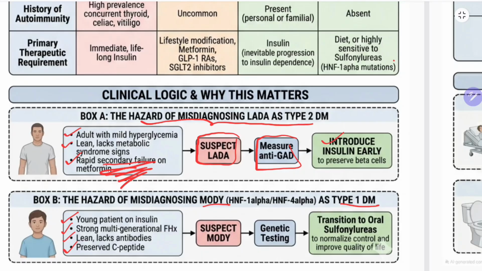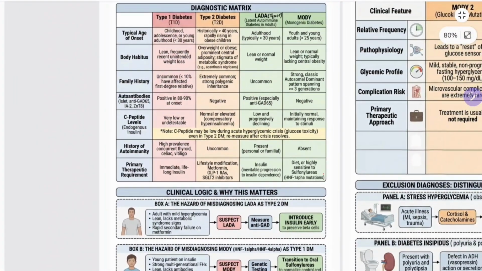All these things help us distinguish these types of diabetes. So if these features are there, suspect MODY, do genetic testing, and if it is positive, transition to oral sulfonylureas to normalize control and improve the quality of life. Okay, so that is the important point in management while you are managing a diabetes patient.